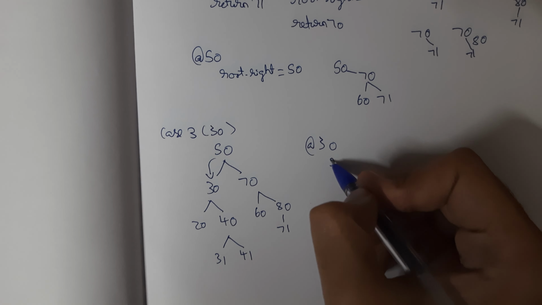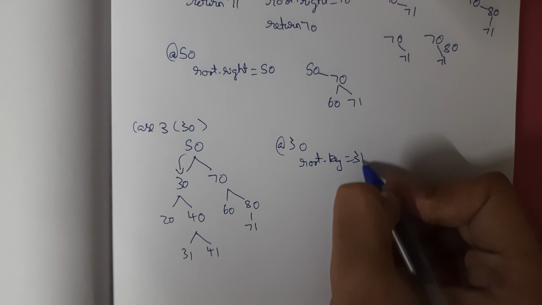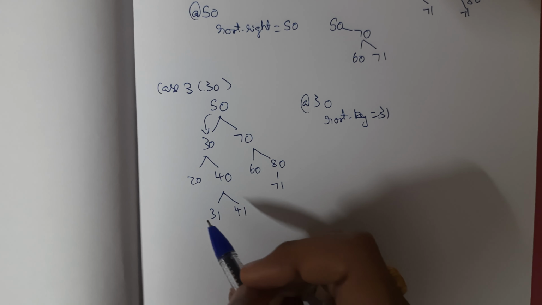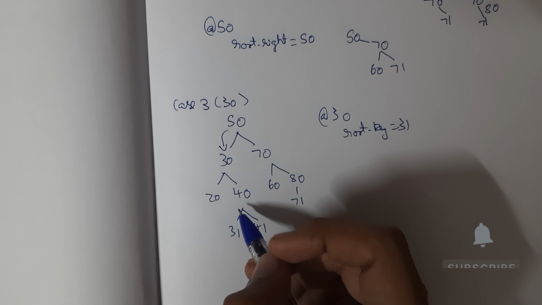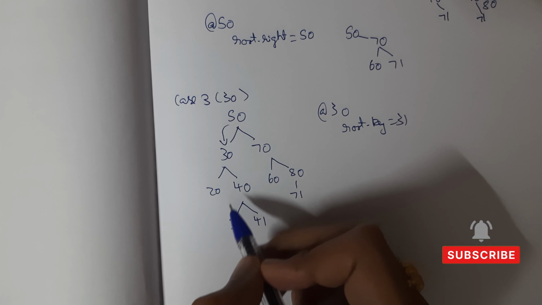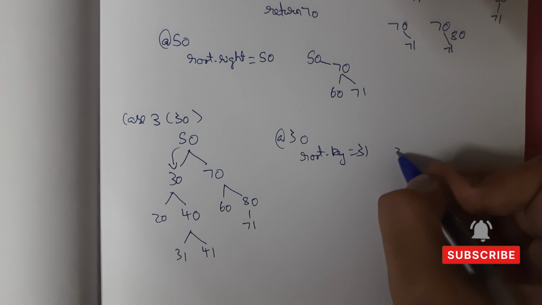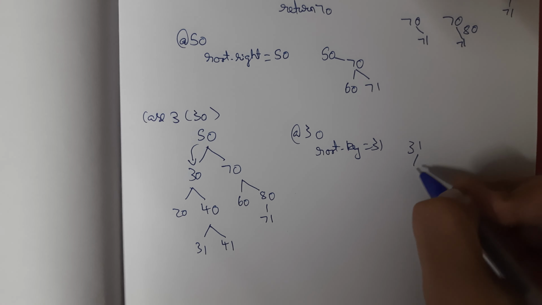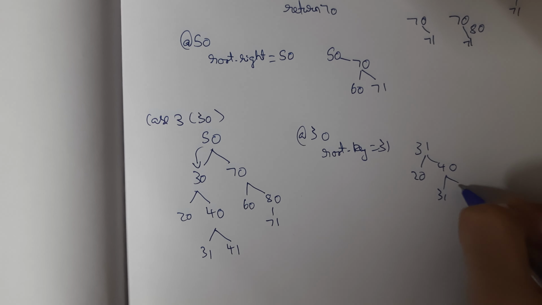So the root.key value at node 30 will be 31, and that would be discovered using the min value function. The min value function basically does a traversal down the entire subtree and finds the smallest value, and this value now becomes 31. So the nodes at this point of time will be 31, 20, 40, 31 and 41.